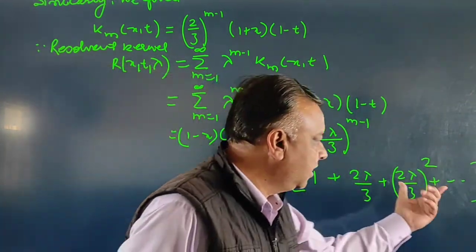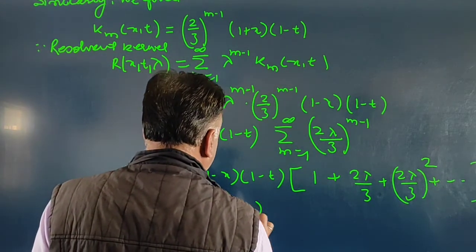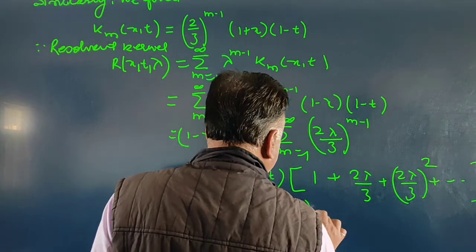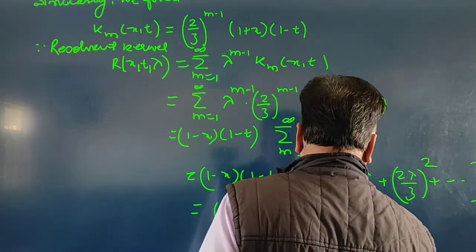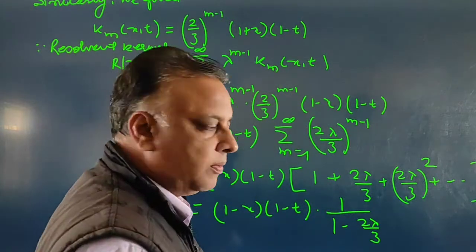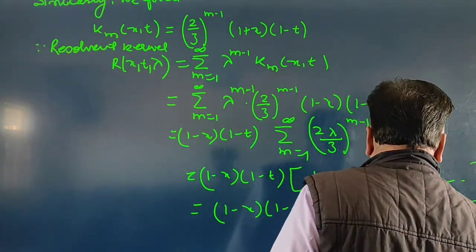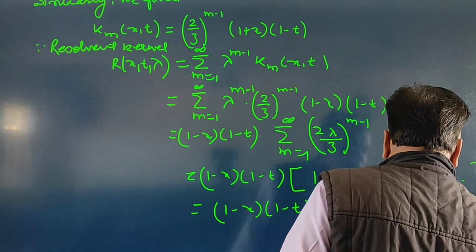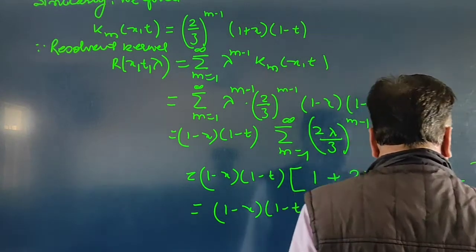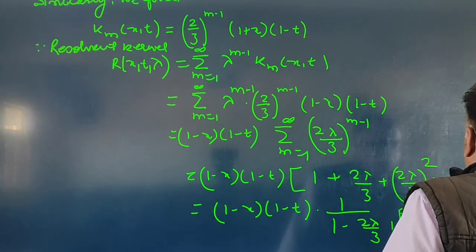Now if we sum the infinite series, we get (1 plus x)(1 minus t) into 1 upon 1 minus 2 lambda upon 3. This is for the provided value of lambda. This exists if 2 lambda upon 3 is less than 1.